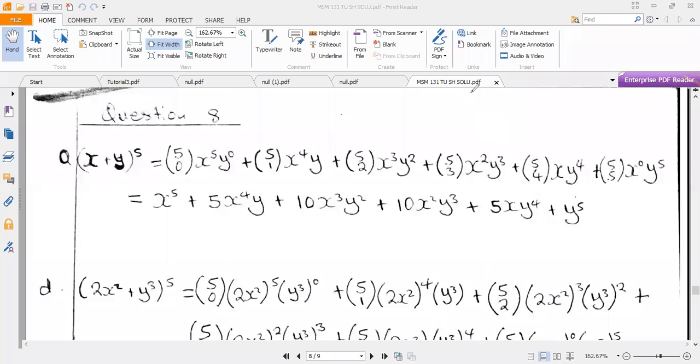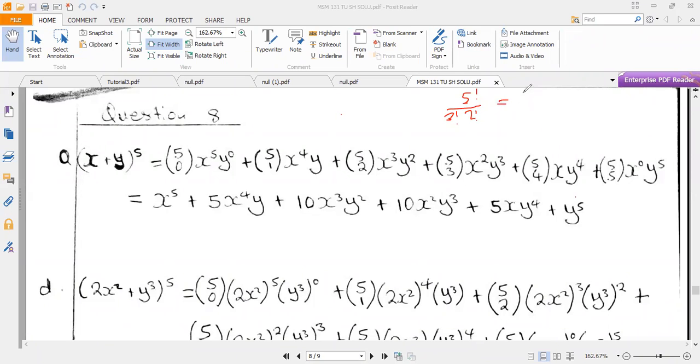So, sir, we are going to have 5 factorial over 3 factorial, then 5 minus 3 is 2, so it will be 2 factorial.